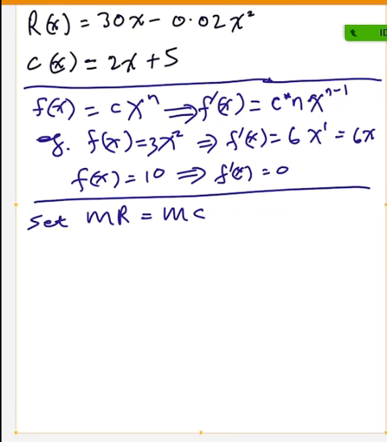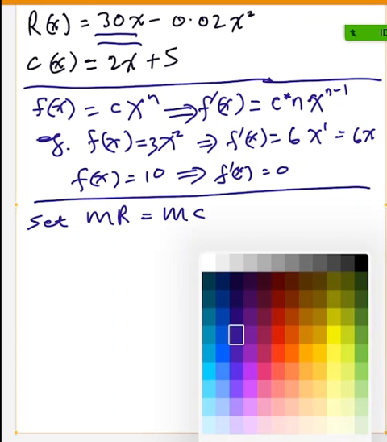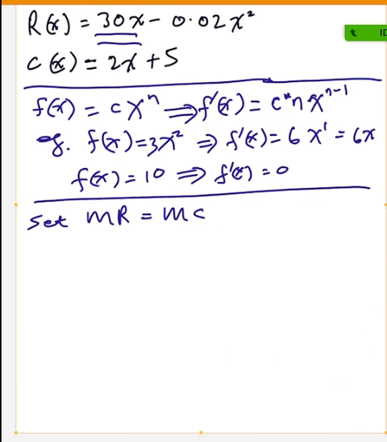Therefore, to solve this, we need to apply the power rule to the revenue function. For the first part, the derivative of that is simply going to be equal to 30.